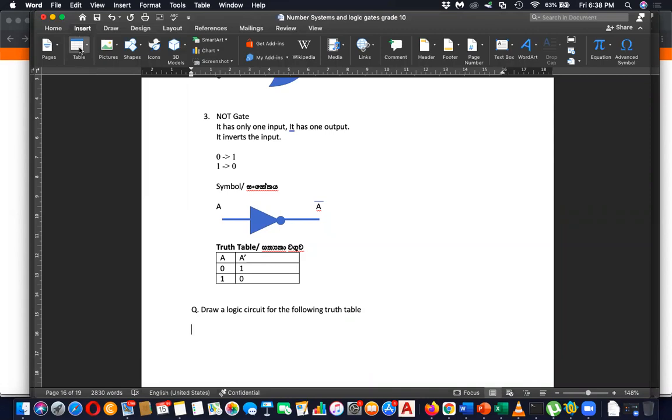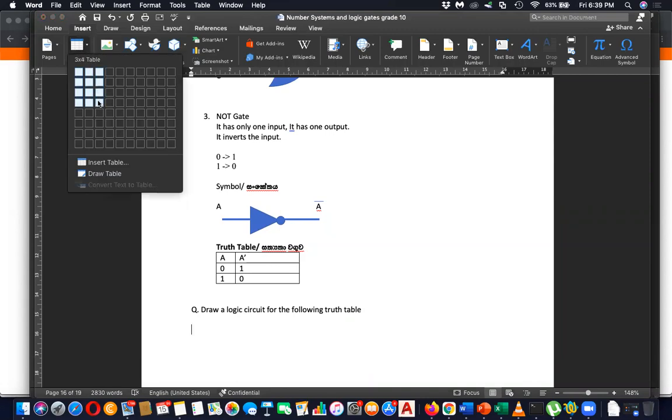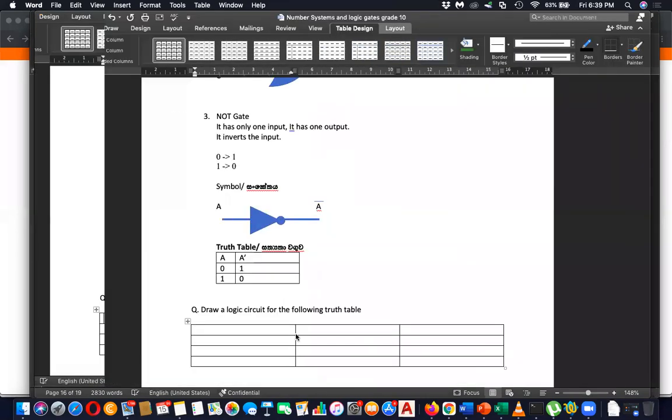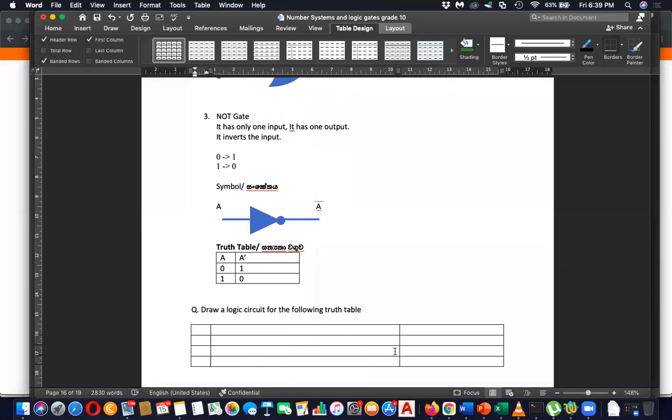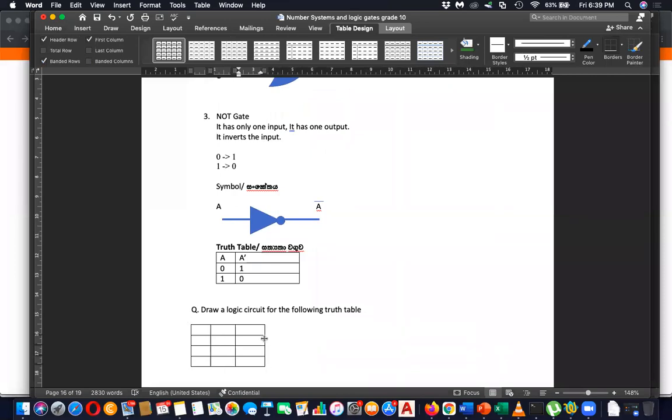I have two inputs and the output. Very simple version. I have two inputs like this and the output. So A and B are my inputs, and this is my output.